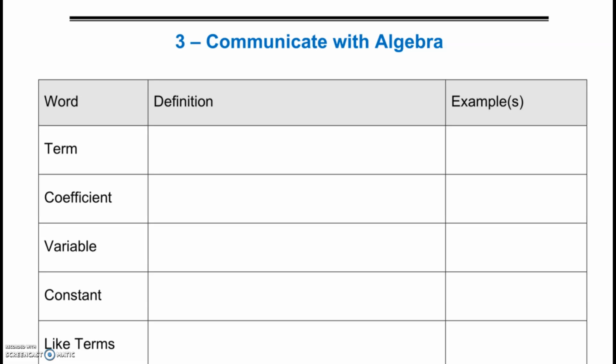We have term. A term can be a number. An example of that would be, let's say, 10. Or a term could be a letter. So that could be x, or a term could be a number multiplied by a letter.